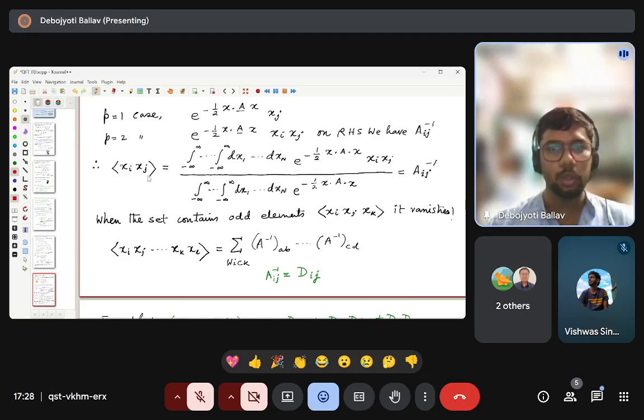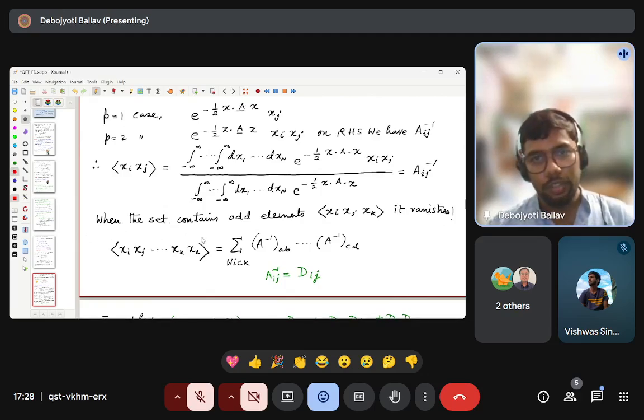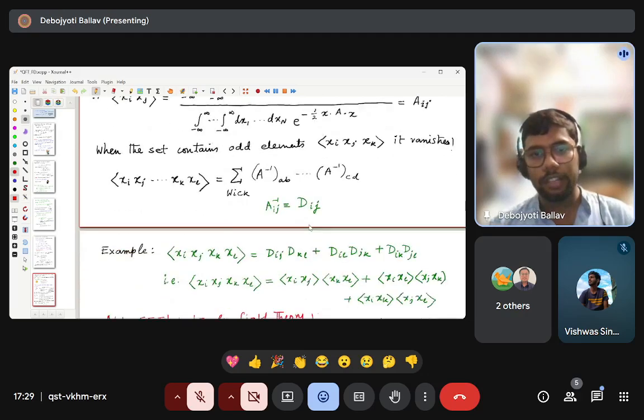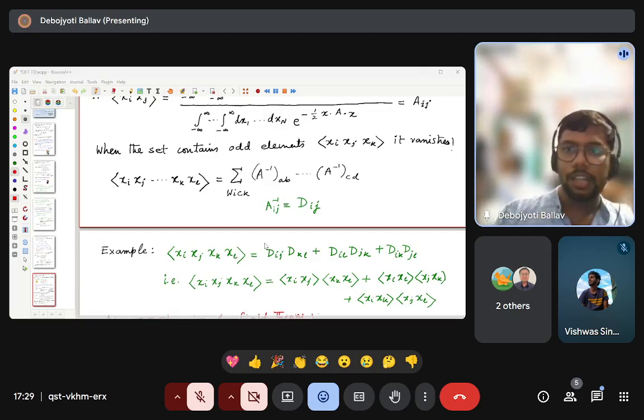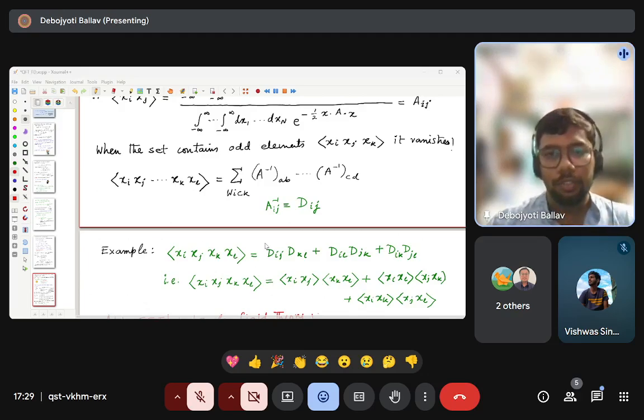So these are like correlation functions, as you calculate in statistical mechanics. So you have all the even correlators. They are given by this product of inverse matrices with a Wick summation. So for example, if you have 4 such numbers xi, xj, xk, xl, because this distribution is like a Gaussian distribution, you can write all the other moments in terms of your second moment, that is xixj, as a product of your second moment.